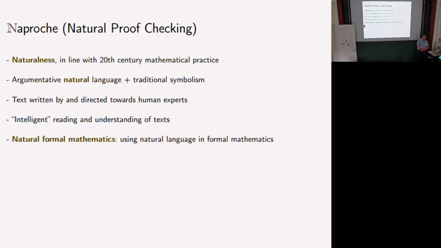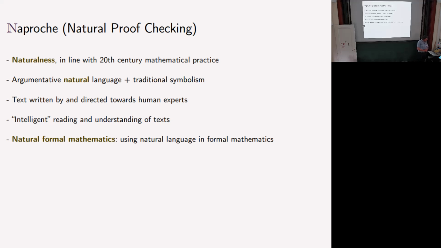The Naproche approach is very different. It starts from standard mathematical practice, and we would define that to be natural. Yeah, it is natural for mathematicians to use their standard practice.